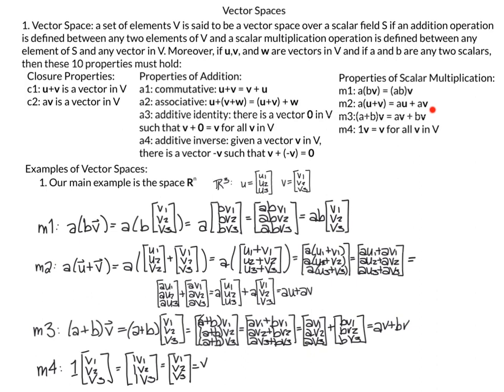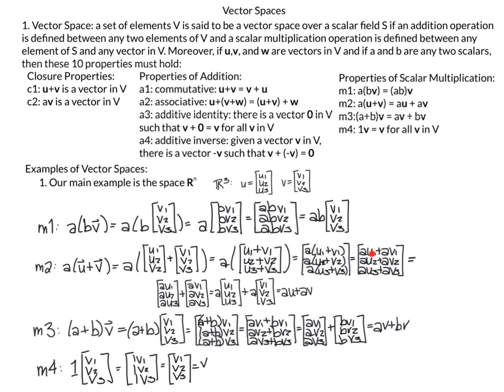I have these distribution properties. The first one is a scalar times the sum of two vectors. So I have my scalar, I'm going to sum my two vectors together, and then I multiply by my scalar. Since I'm multiplying a times the first coordinate, a times the second coordinate, a times the third coordinate, I can also just distribute, because these are now just real numbers.